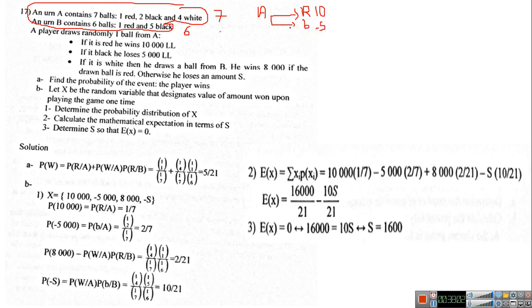And if it is white, he goes to B. He wins 8,000 if it's red. If from B it's red, he will get 8,000.